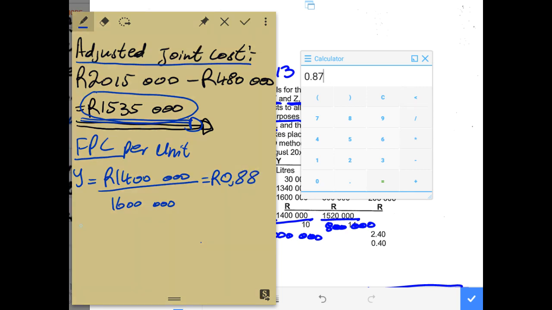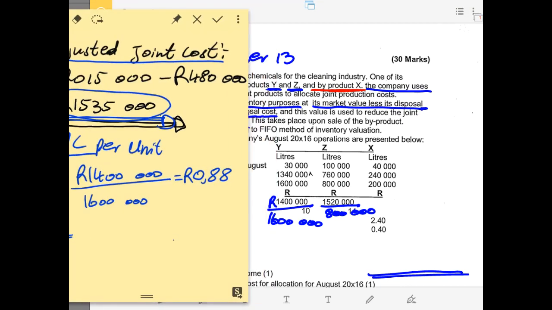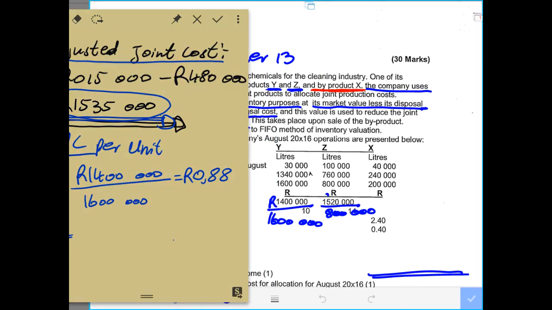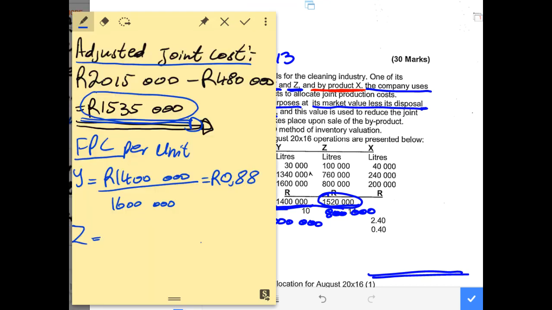Then after we calculate our further processing cost for product Z, we know that our further processing cost for product Z is an amount of 1,520,000. Remember, this was the further processing cost. We are looking for it per unit.